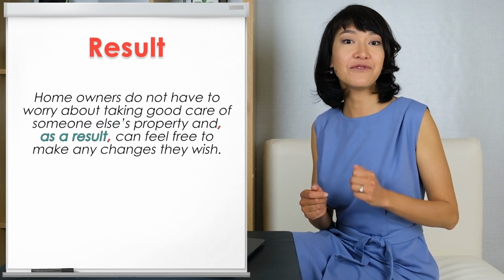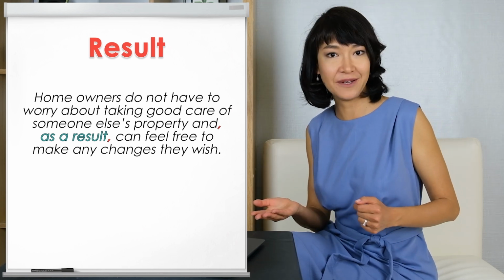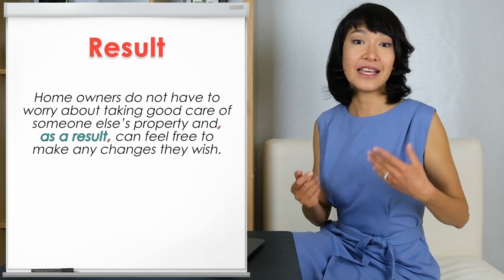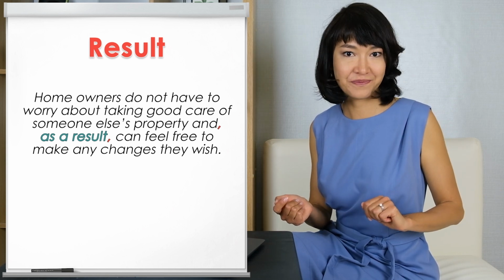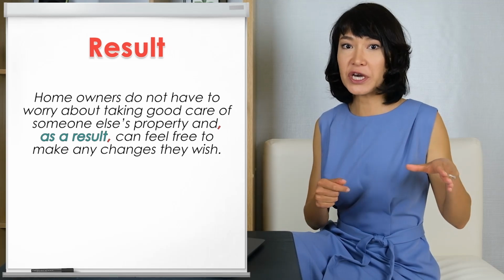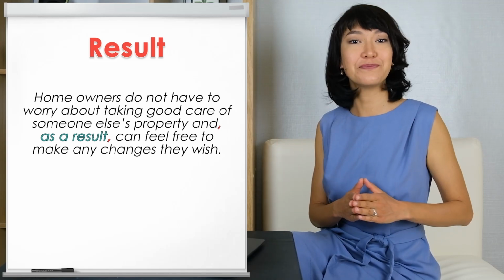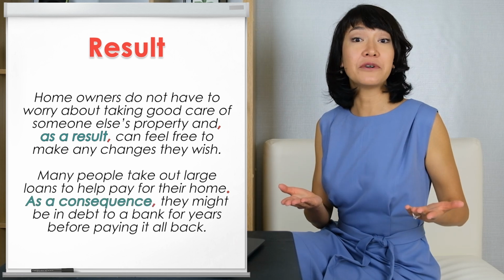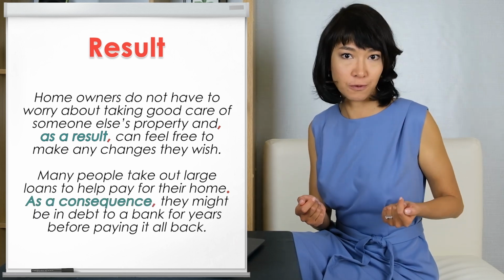Homeowners do not have to worry about taking good care of someone else's property, and as a result, can feel free to make any changes they wish. Here, I'm comparing those who buy their home to those who rent one. Here's another example. Many people take out large loans to help pay for their home.